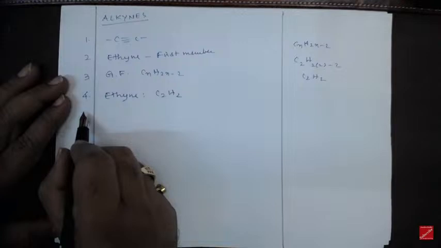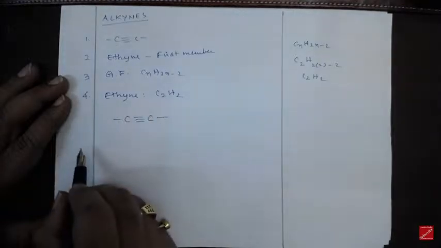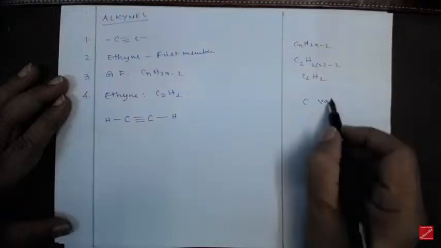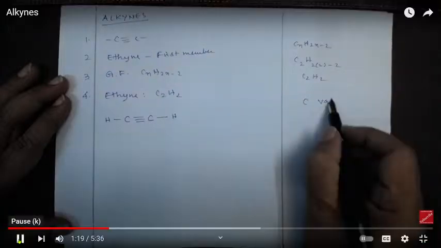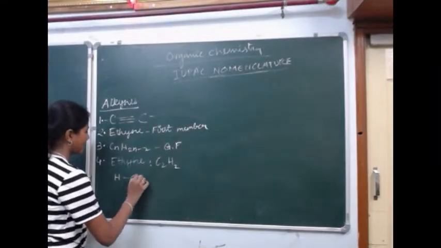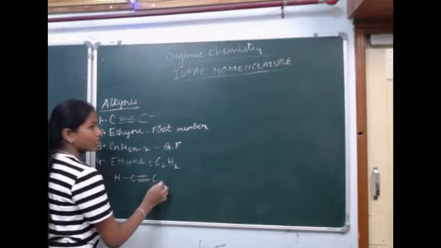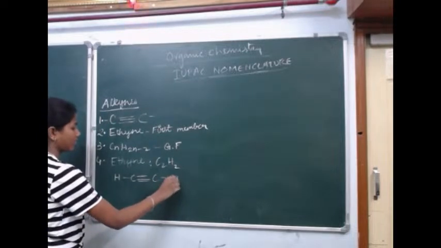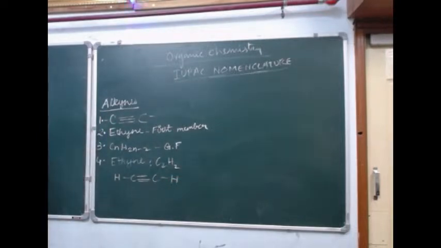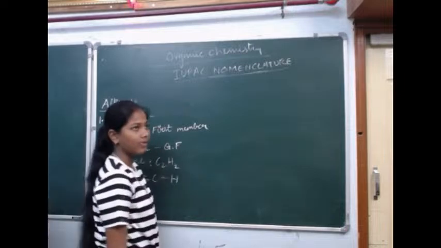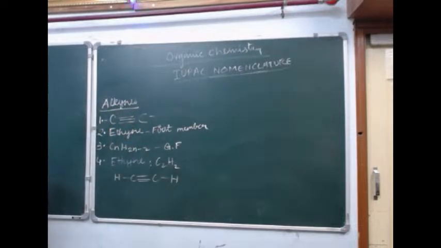The structure will be C triple bond C, and you have to introduce only one hydrogen on each carbon, because if it is a triple bond, it contains one single bond and a double bond.